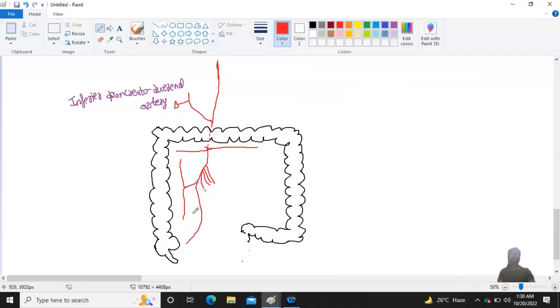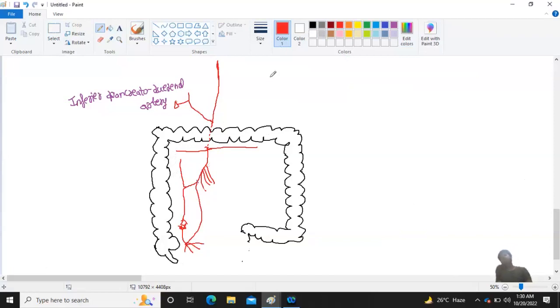Remember the ileocolic artery? It has an ascending branch and a descending branch. The descending branch has four parts: colic branch, ileal branches, cecal branches, and appendicular branches. The ascending branch also anastomoses with the one above it. We have done this. These are four arteries.